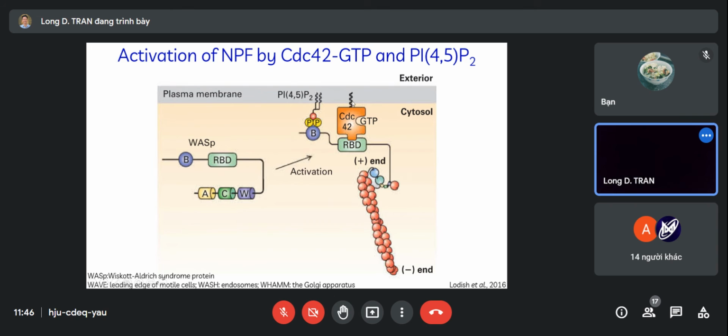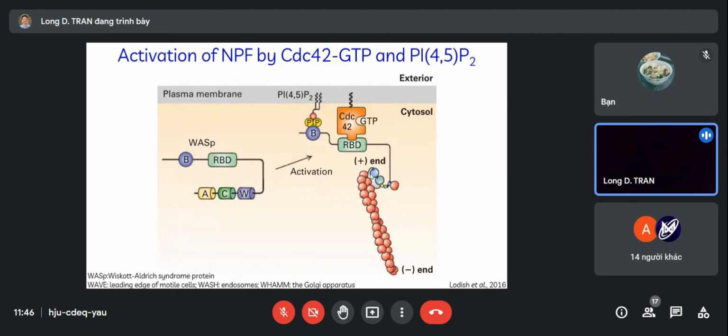So because all of these are membrane components, the Arp2/3 complex, similar to formin, is always activated close to the cell membrane. And from here you generate the new actin with the plus end pointed toward the cell membrane, and the minus end stays at the Arp2/3 complex.